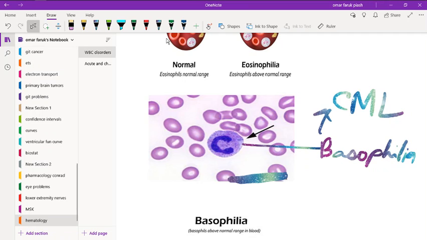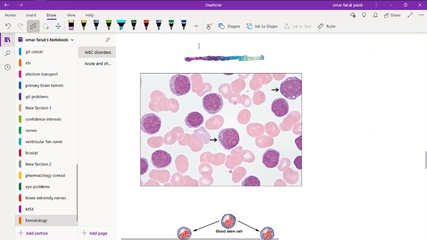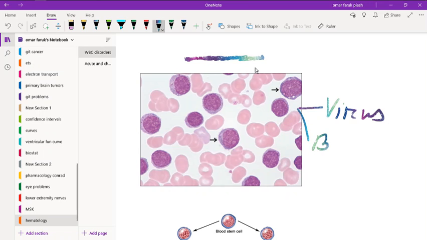And then lymphocytic leukocytosis. This is the picture of lymphocytic leukocytosis. In lymphocytic leukocytosis, the most important cause is virus, and EBV, Epstein-Barr virus, is actually the first cause, and the other is Bordetella pertussis.